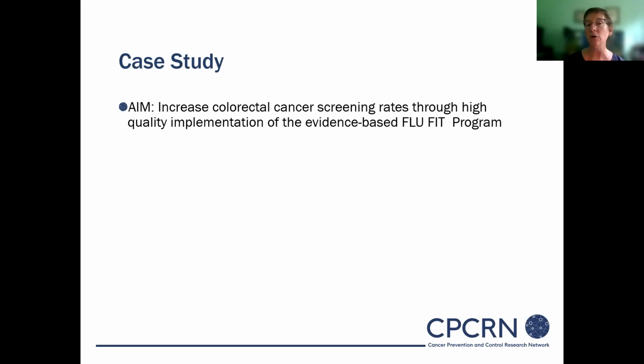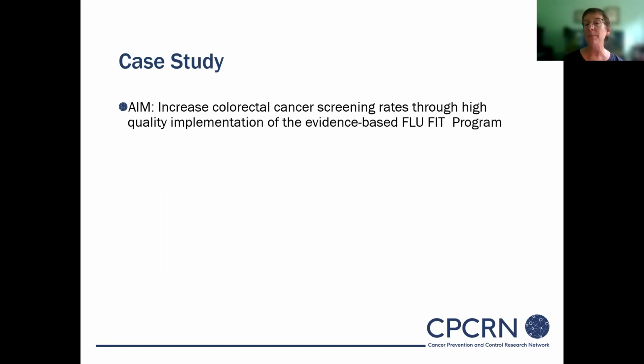What you see here is you're naming an evidence-based intervention, which is the flu-fit. So you want to make sure in your proposal you name an evidence-based intervention, and we talked about that last time, and that you also are going to be writing an implementation project plan where you describe how you're going to implement that evidence-based intervention.